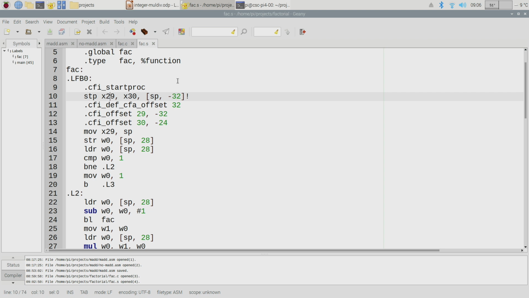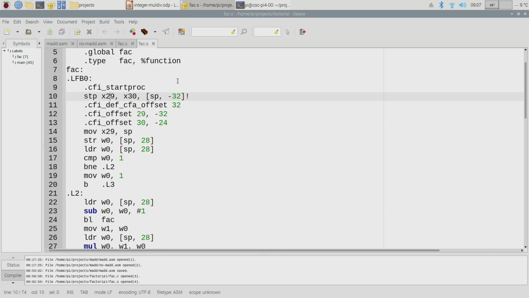So what that means then is that the subroutine also has to store the link register to the stack and also the stack pointer or previous value of the stack pointer. So this is why the subroutine also has this store pair thing like we did with our main routines. Okay, because we're expecting that the function's going to call itself.